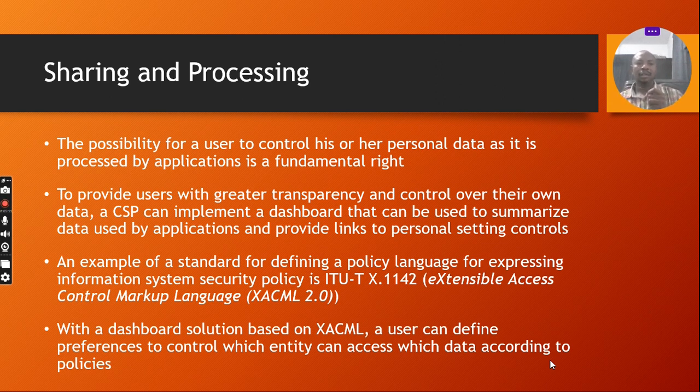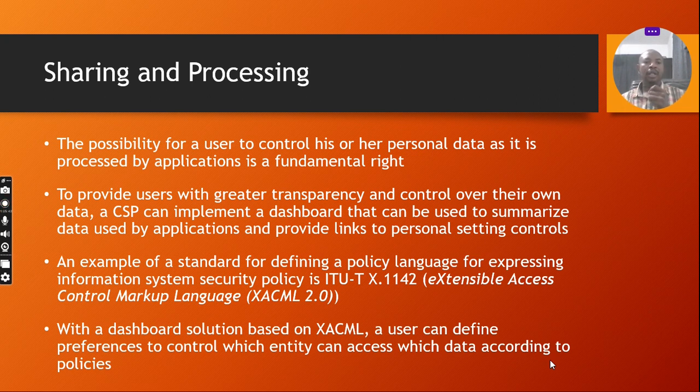Now, sharing and processing. Data that is stored in the cloud can be shared and can also be processed regularly, as long as you access your enterprise network. The possibility for users to control his or her personal data as it is processed by the application is a fundamental right.